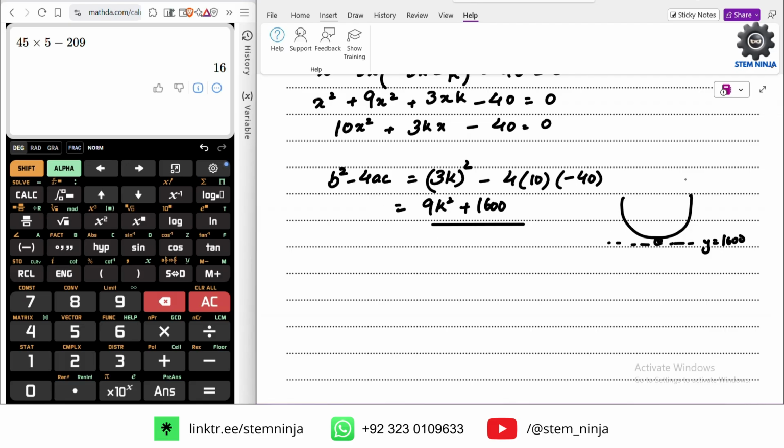For example, if you had y equals 9x squared plus 1600, this is, you can say, an easy square to make.